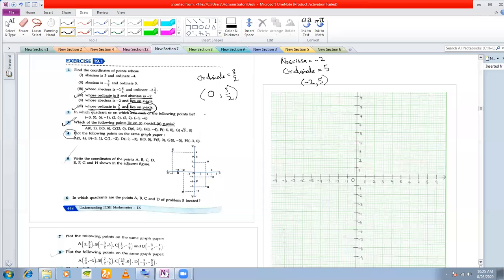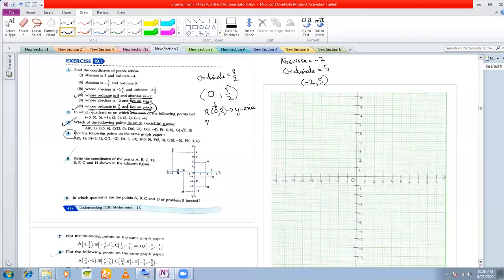Okay, first point is A (0, 2). Can you tell me where it lies, on the x-axis or the y-axis? Can anyone tell me? You see that the x coordinate is 0, so therefore it has to lie on the y-axis. Clear?